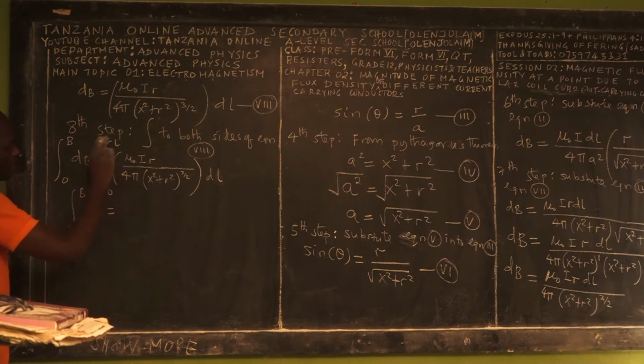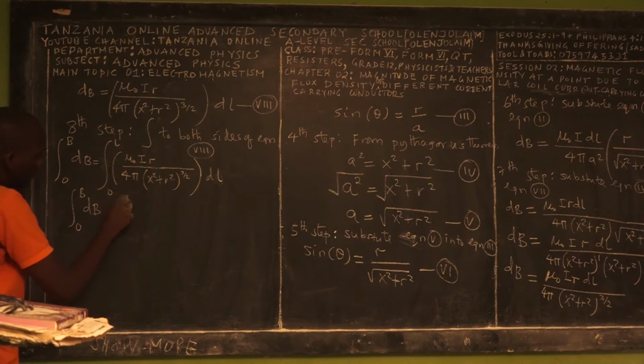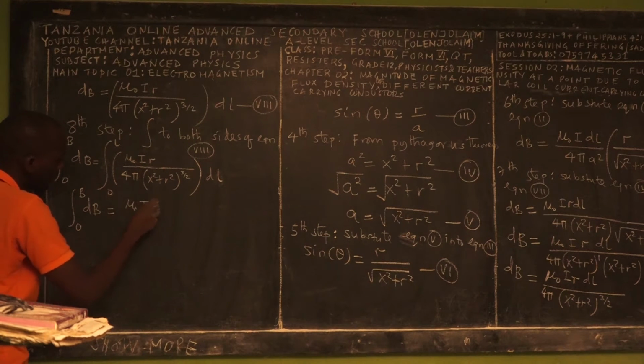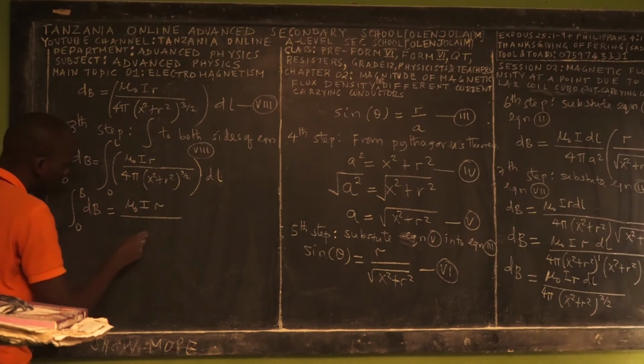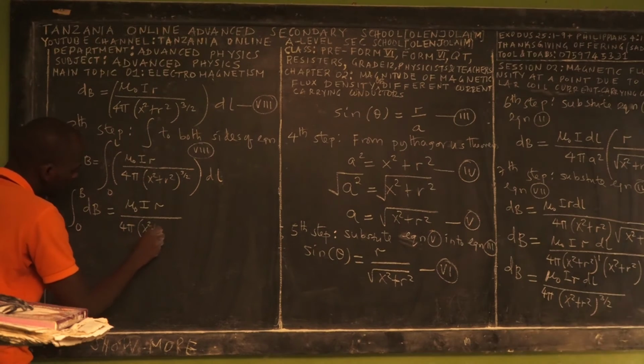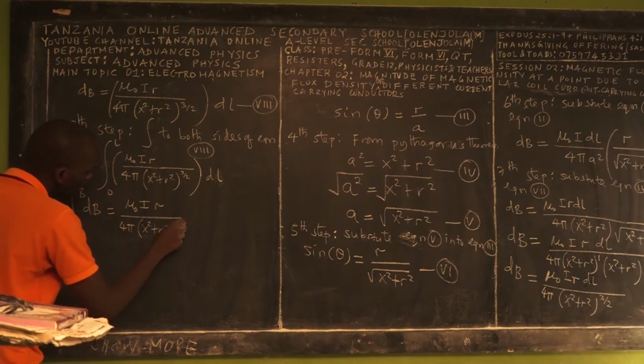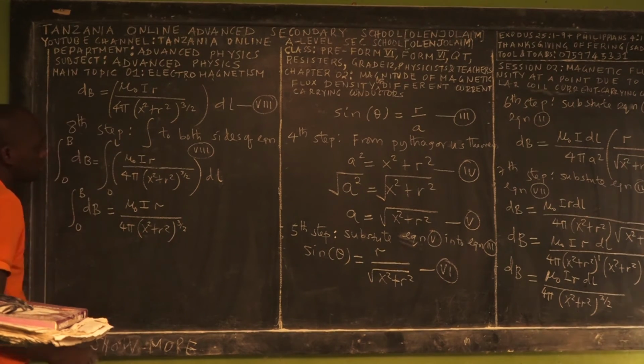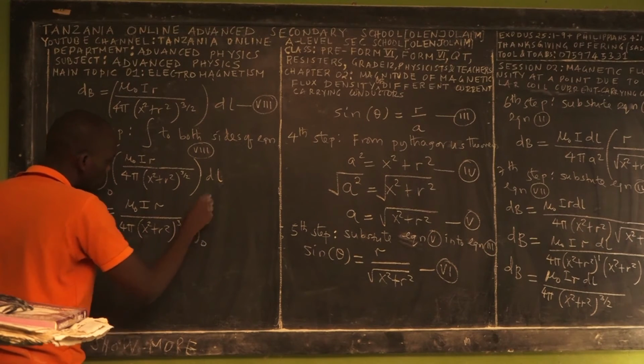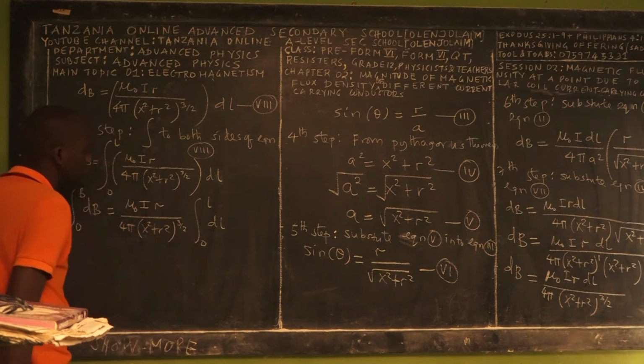You have to take them out of the integral sign. So we have permeability of free space, current times radius over 4 pi, then x square plus r square power 3 over 2, then here we integrate from 0 to L dL.